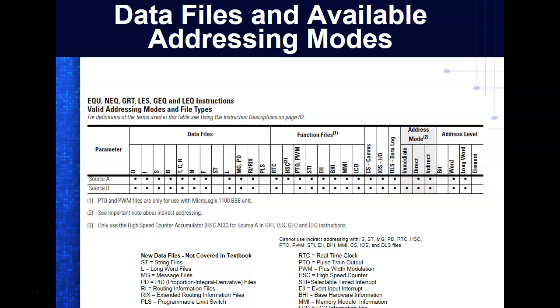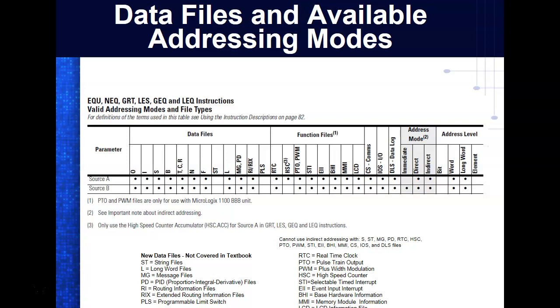So what's immediate addressing? What is immediate addressing? Yeah, it's a constant. That means the actual operand is part of the instruction, right? Okay. And what's direct? Yeah, it's the address of where the operand is located, right?